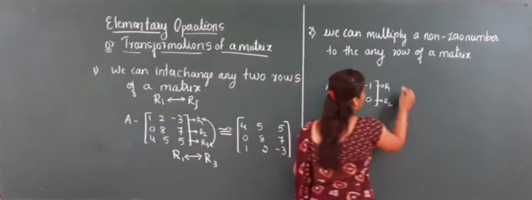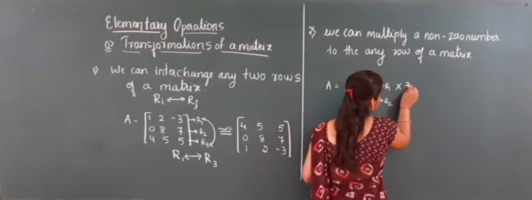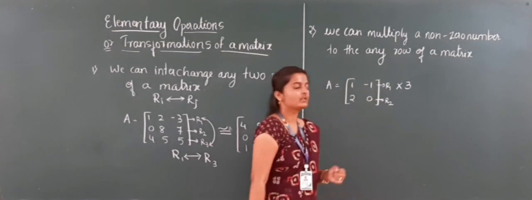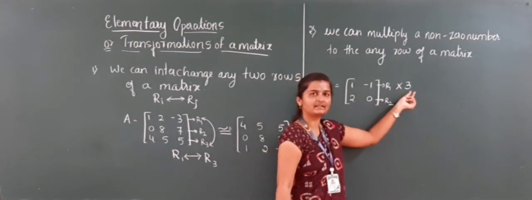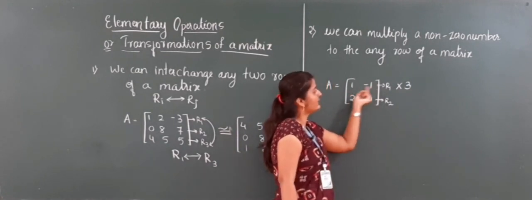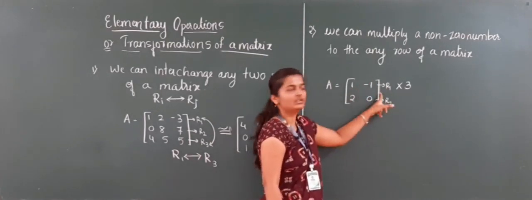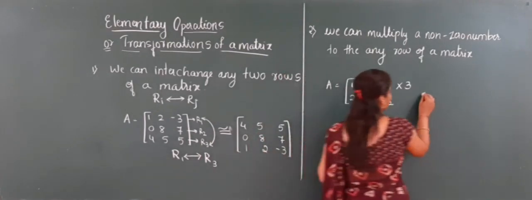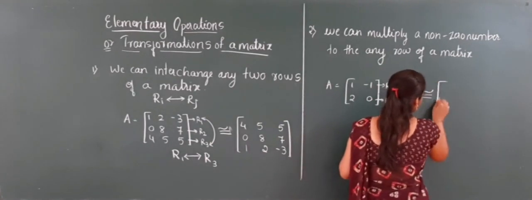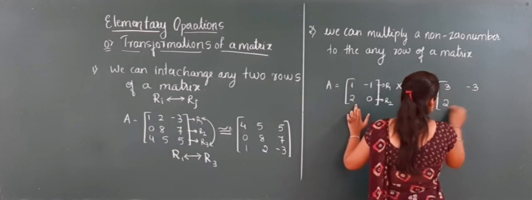For R1, I will multiply by 3. Multiplying R1 by 3 means I have to multiply 3 to all the elements of this row. In this row there are 2 elements, so I multiply 3 to these 2 elements. What will you get? The equivalent matrix 3, minus 3, 2, 0.